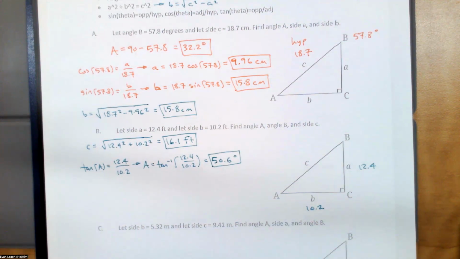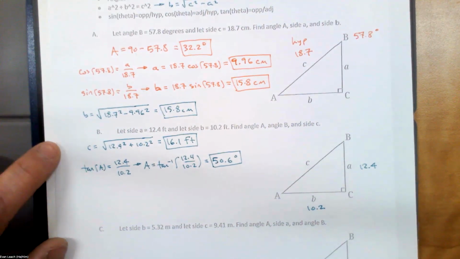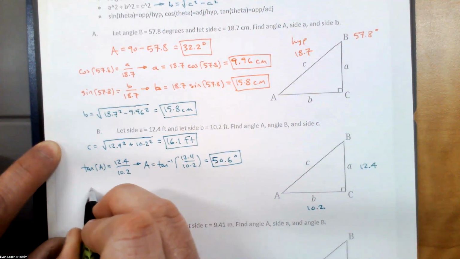As soon as you have two angles, subtract to find the third angle. If you want to be fancy, you could just tangent the other way around. But as soon as you have two angles, subtract to find the third angle.